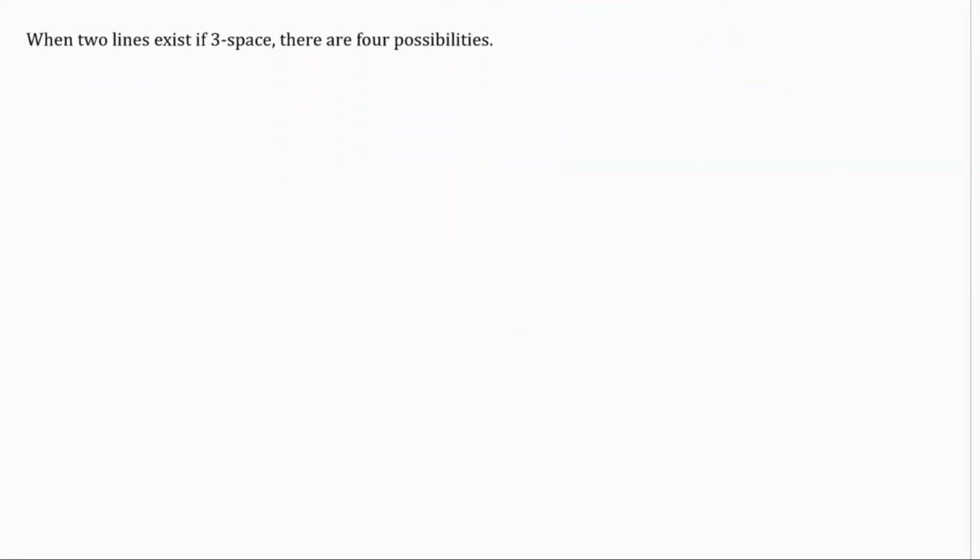Now we're going to jump to 3 space. We're going to open our world again. And turns out there are 4 possibilities in 3 space. Now, what are the four possibilities? Well, one is they cross at a point.